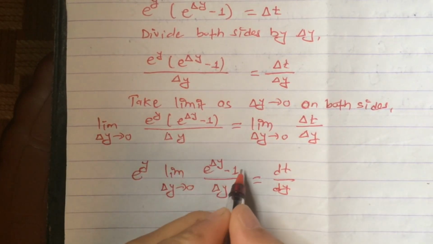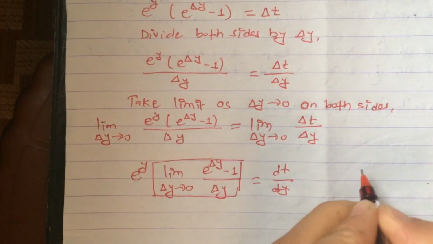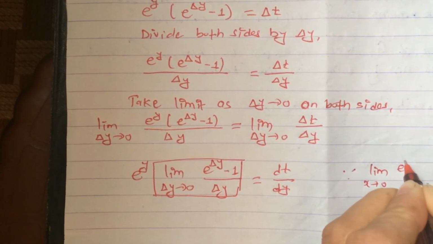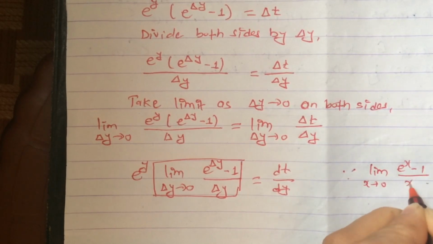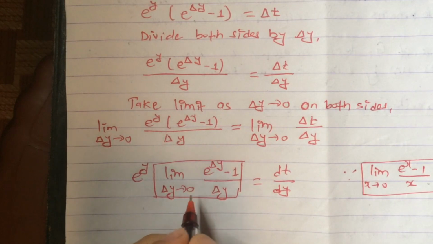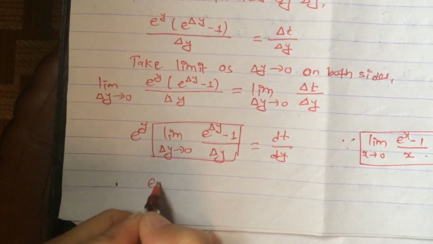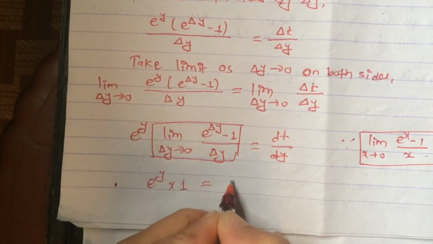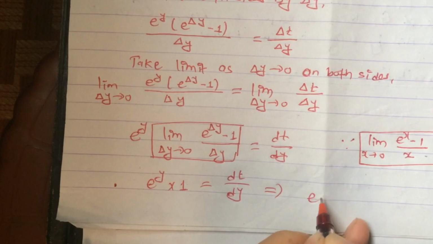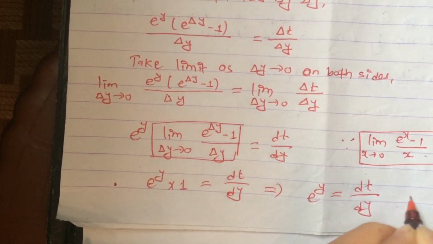This term is in the form of the limit as x tends to 0 of (e^x minus 1) divided by x, and it equals 1. So we use 1 here. Then we are left with e^y into 1 is equal to dt by dy. So e^y is equal to dt by dy.